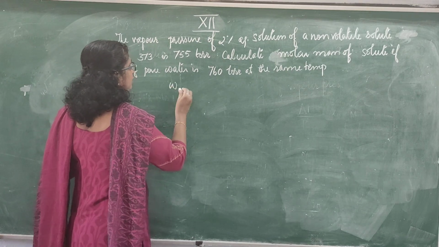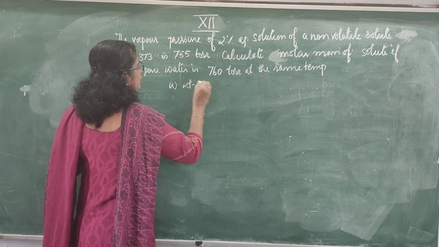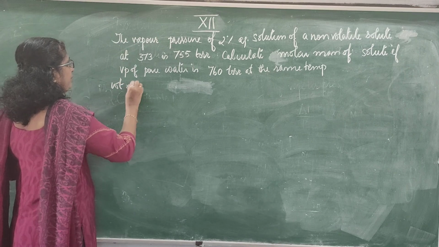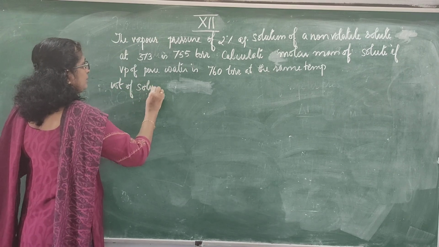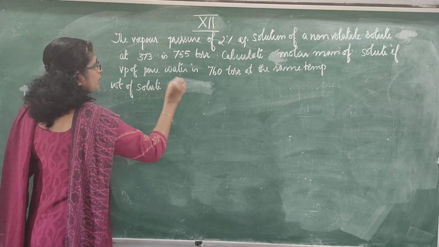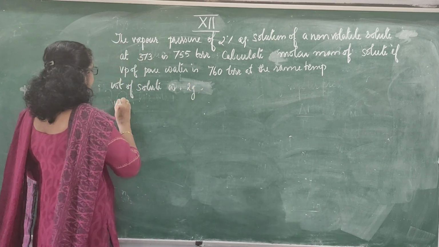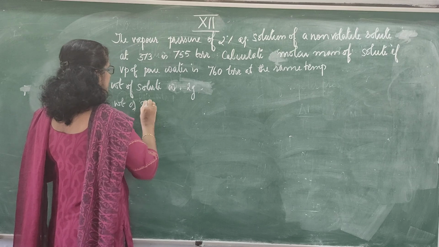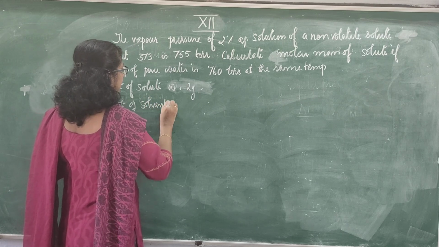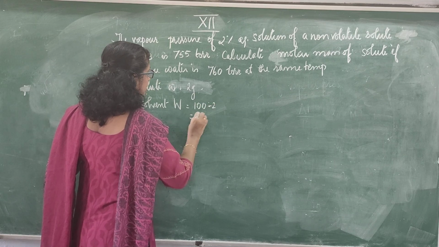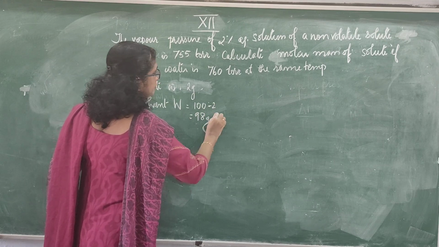So small w, that is weight of solute, is equal to 2 gram. Weight of solvent, capital W, will be 100 minus 2, that is equal to 98 gram.